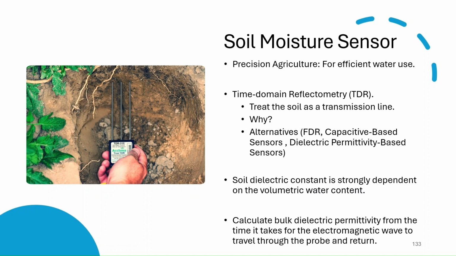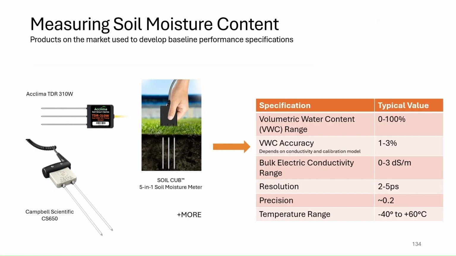So we want to reduce a bit the expense. And this one calculates the dielectric permeability from the time it takes for the electromagnetic waves to travel through the probe and return. These ones are some of the specs that we are looking at for the end of this project.